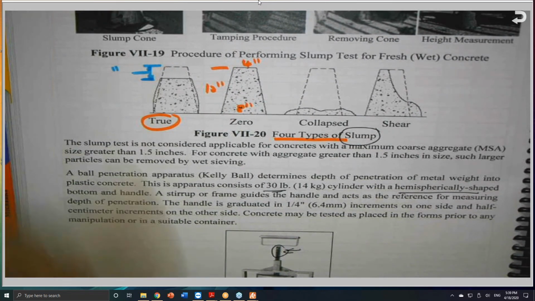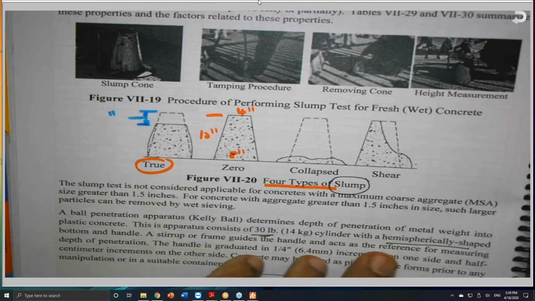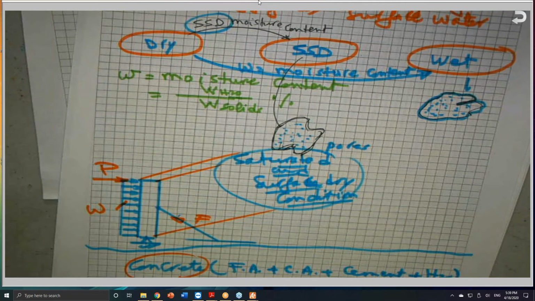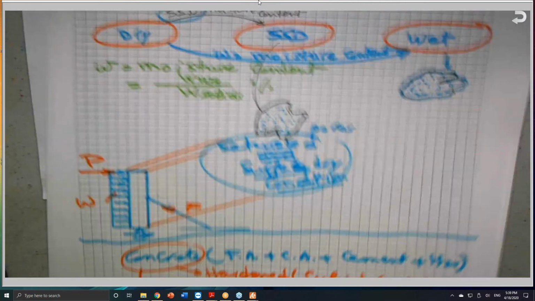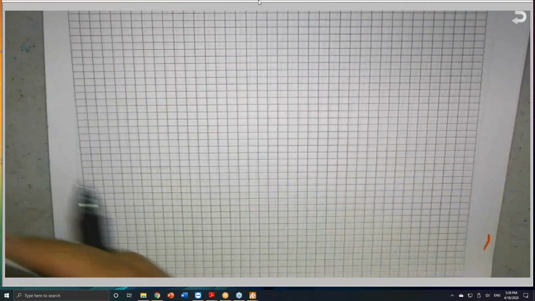So both of them measure workability, which is a very important property for concrete. Workability is the ability of the concrete to be mixed, transported, and finished with the minimum force.